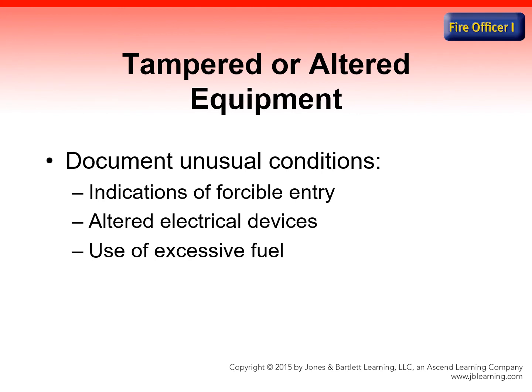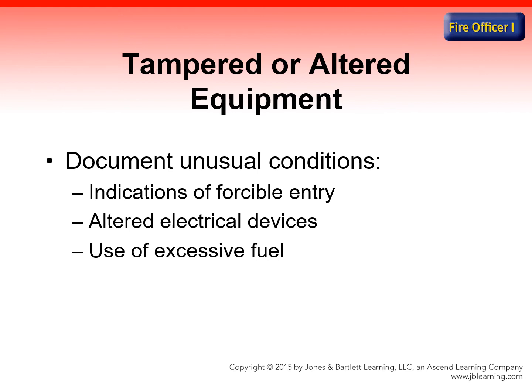Equipment that's been altered or tampered with. Document unusual findings and conditions. Indications of forcible entry prior to us: that's one of the things we've got to become astute at, paying attention to what things look like before we force a door, for example.